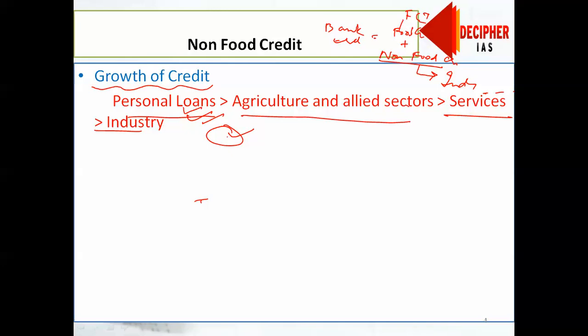If you see the absolute amount, you will be surprised that industry has the most of the credit uptake from the total pool from which banks give. To give you a crude example, suppose banks can give 100 crores. Maybe industry would have 50 crores, but its growth of credit year on year is less.